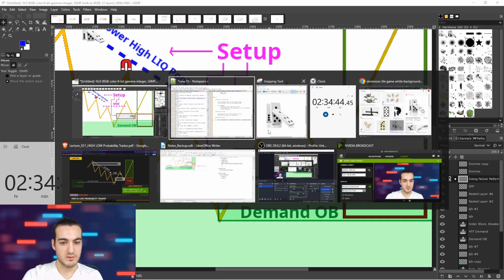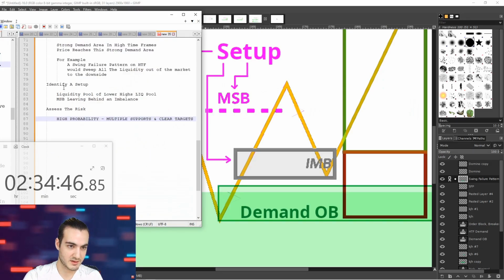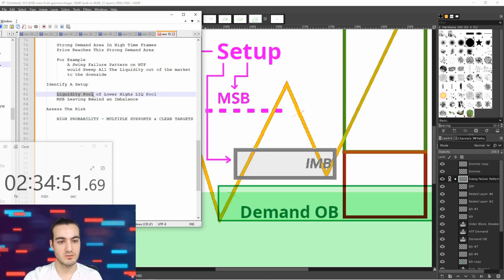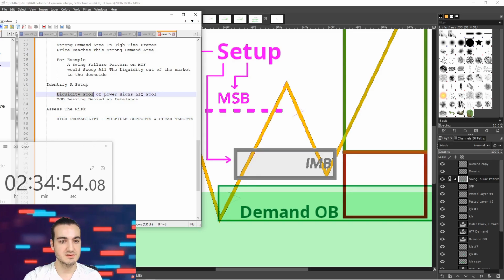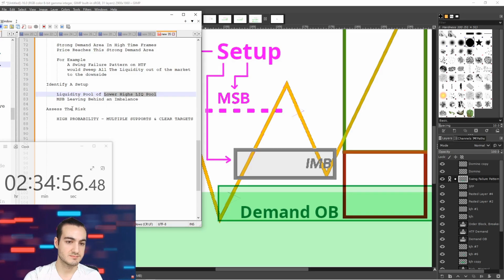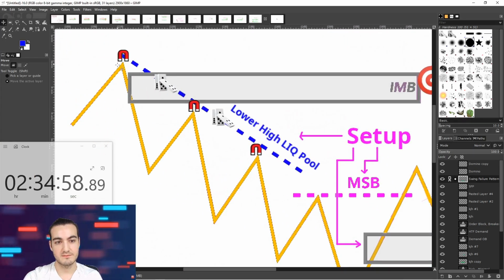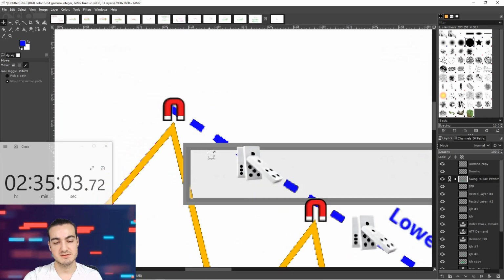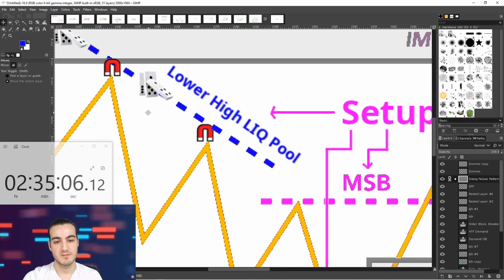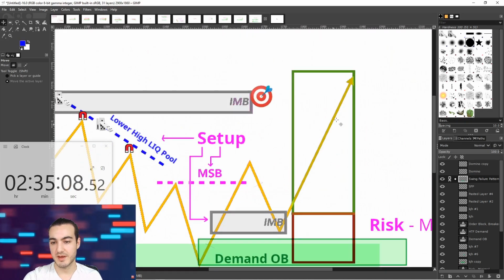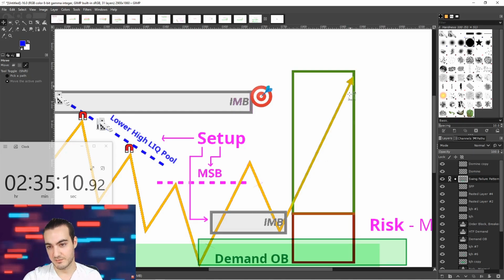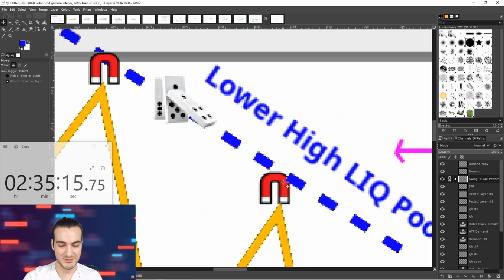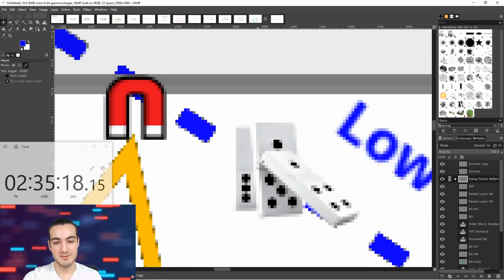So proceeding with the trade, we identify the setup. In this case, the setup would be the liquidity pool formed by the series of lower highs. We have all these lower highs coming down, and each one becomes a target for price to move back up to. When price does start to move back up, you can see it moves back up in one fell swoop because these lower highs act like dominoes.